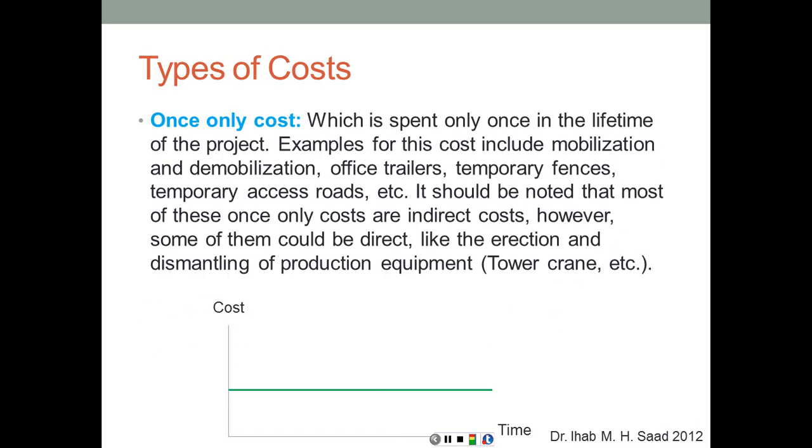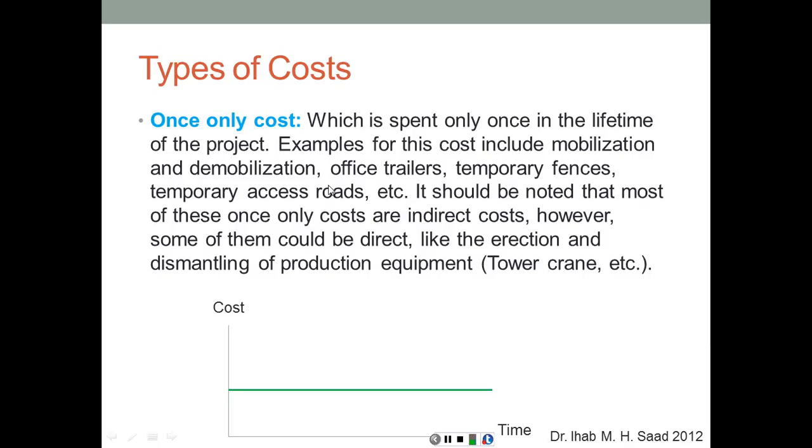And as you can see, for the behavior of that type of cost, on the horizontal axis we have time, on the vertical axis we have cost. There's a certain amount that's going to be spent at the beginning, and then it remains flat until the end of the project.